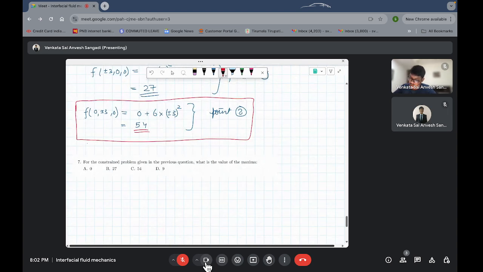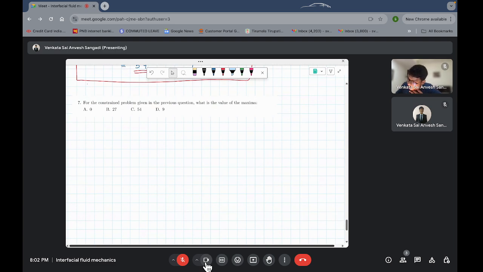I'll write that down again. f of 0 comma 3 is equal to 3 into 0 square plus 6 into 3 square, which is equal to 54. Therefore the correct option is C.